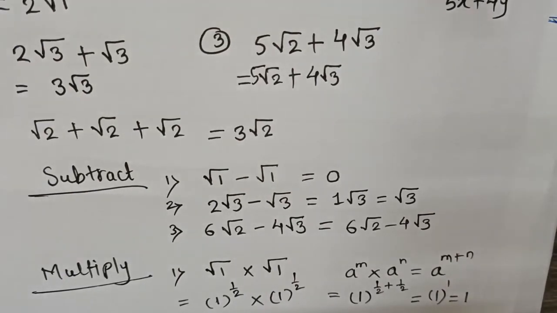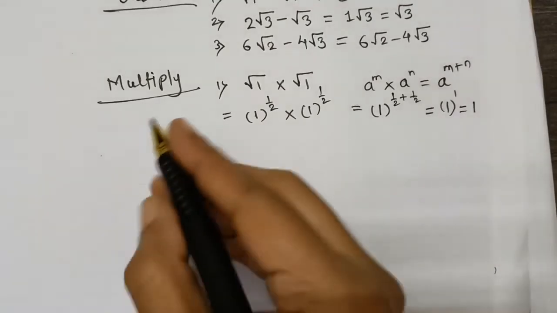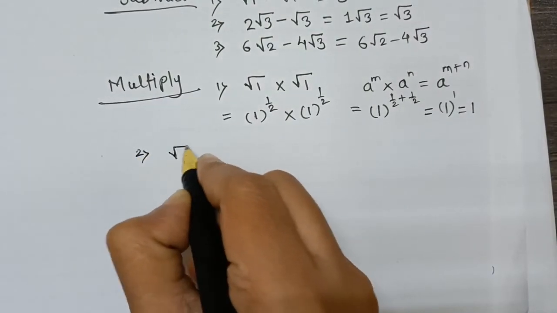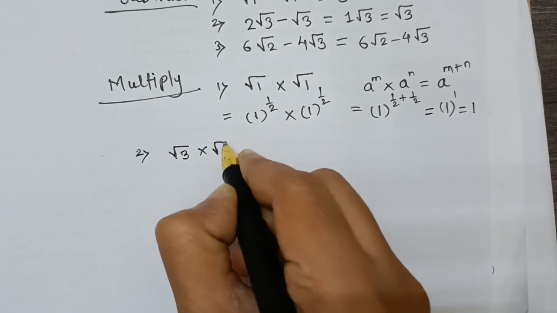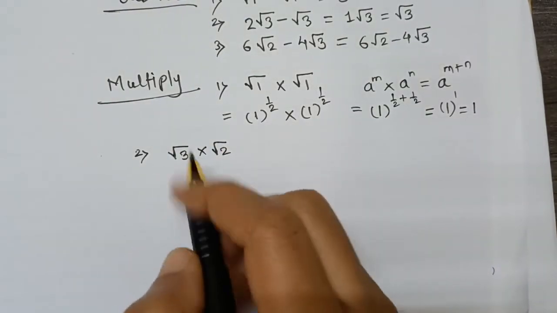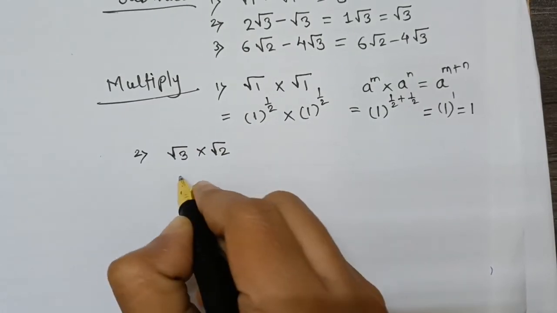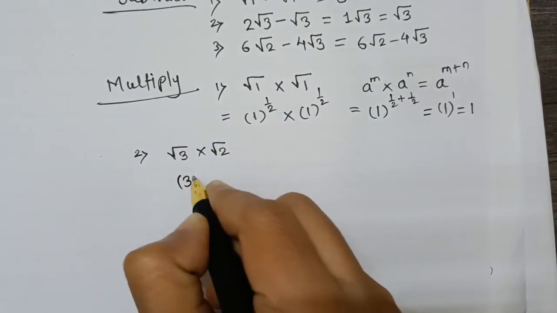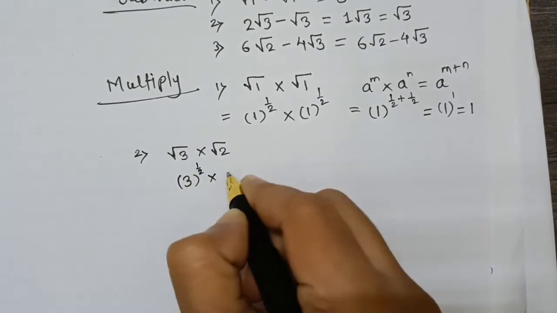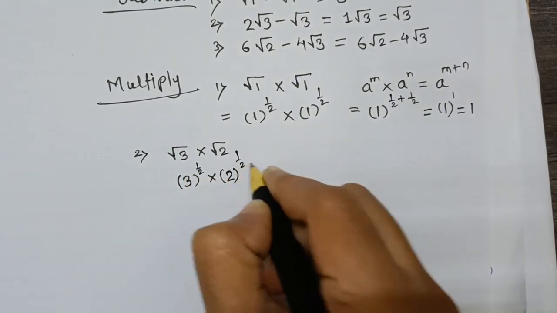In the same way, we can have another example: root 3 into root 2. Here you observe that they are not similar roots. According to the exponents, it is 3 to the power 1 by 2 and 2 to the power 1 by 2.